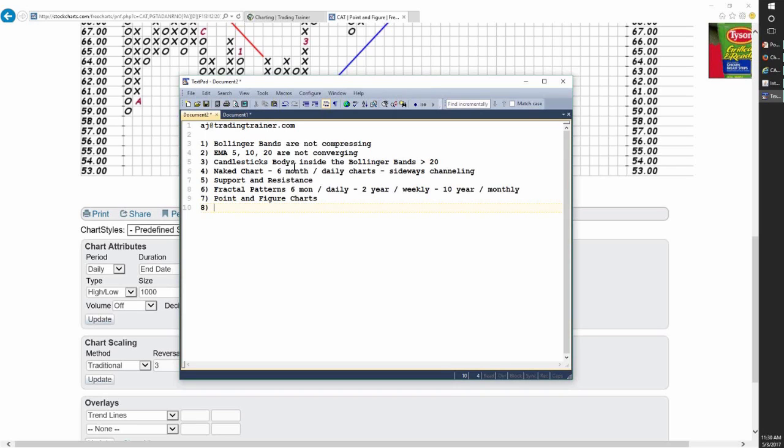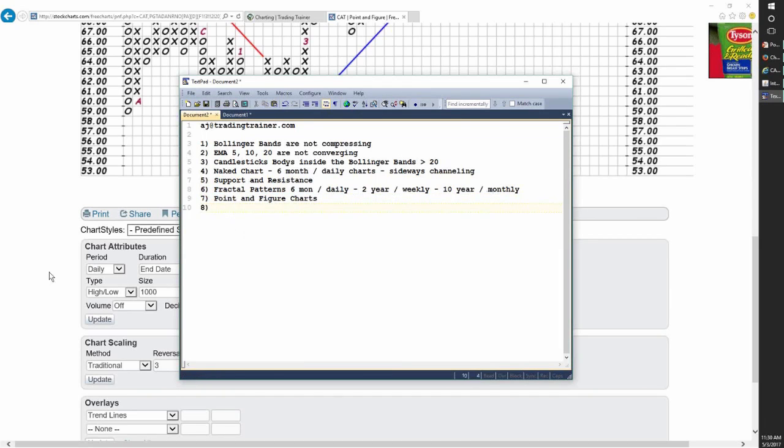Sideways, and also not compressing or converging, because usually something that's been moving sideways and starts getting into a small tight pattern means that it wants to break out, up or down. And that's not what we want to have happen. We just want one of those stocks that's happy going sideways and that has very strong support and resistance that we can see every which way to Sunday.